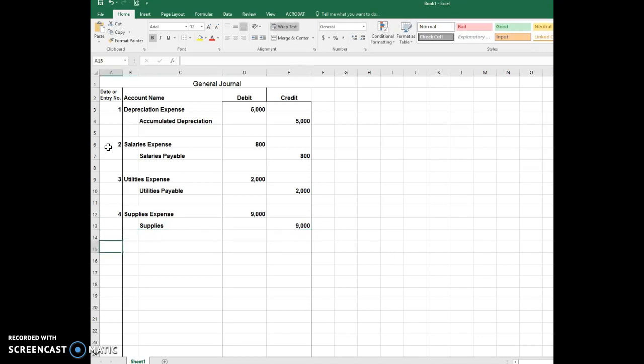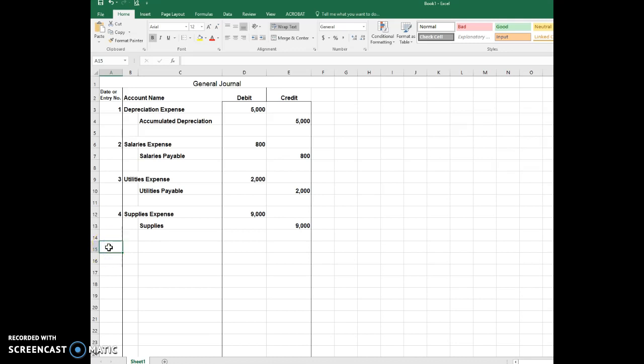This entry is showing that you've used $9,000 of these supplies. In the example I gave you, you purchased $10,000 during the year, and you always recorded that in the supplies account, which is an asset account. Now you find out at the end of the year you've used $9,000 of these supplies, so you need to show the part you've used as an expense. That's why we debit supplies expense and credit the supplies account, which is an asset account.